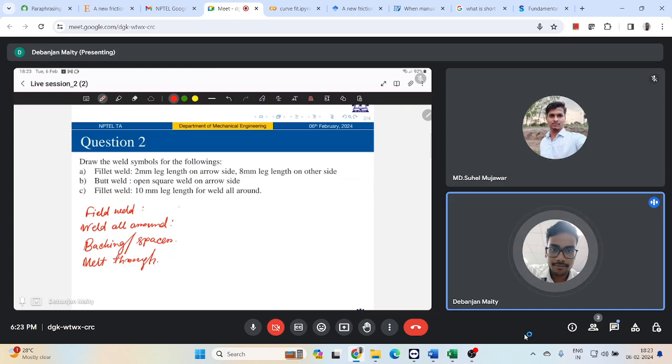So my field weld will be some kind of flag. For weld all around, it will be a circle all over.